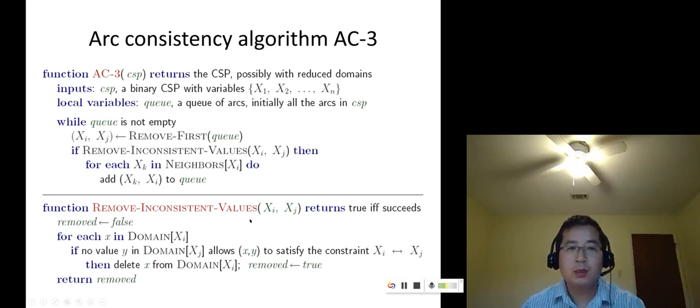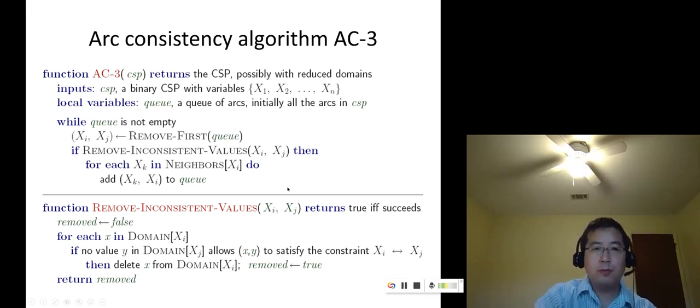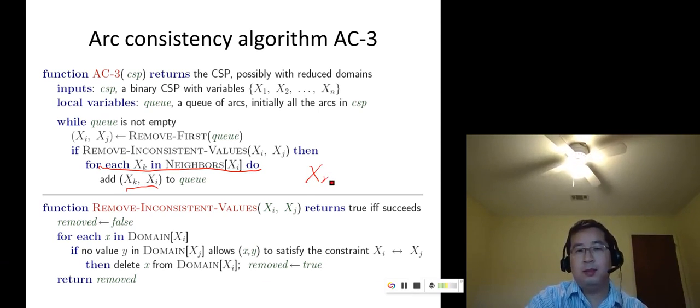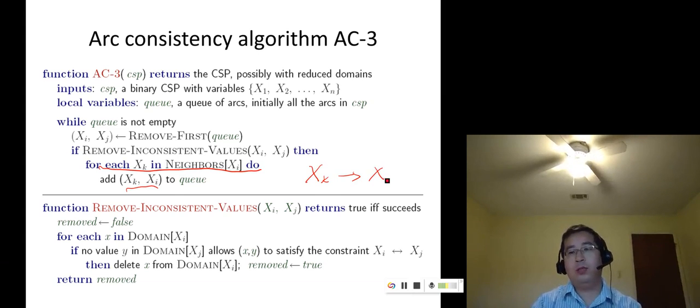And then for each xk, for example, if we already finished the arc consistency checking, for each xk we will do this. What is here? For each xk that implies xi, we add xk to xi to the queue. So this is the propagation. We mentioned this one before.